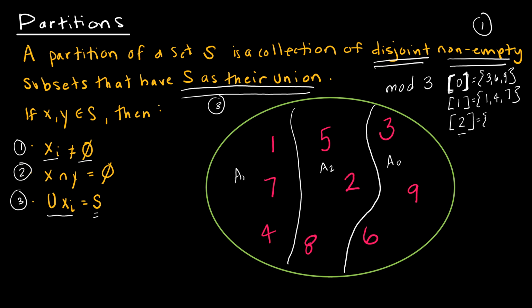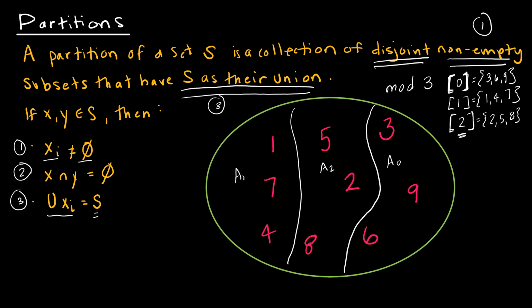So the equivalence class for 2 is 2, 5, 8. So again, I've chosen some representative for the name or label for my equivalence class, but that is a valid partition because again, no empty subsets, and the intersection, there's no overlap.